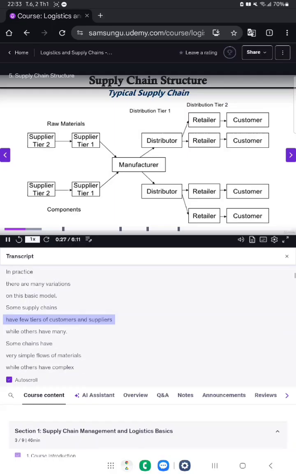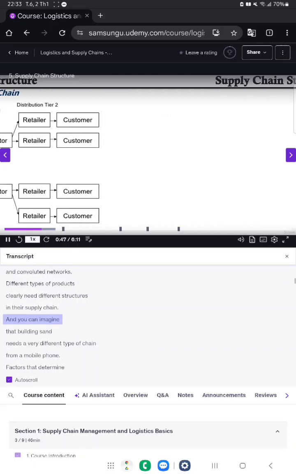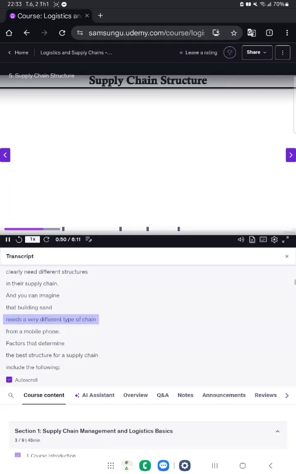Some supply chains have few tiers of customers and suppliers, while others have many. Some chains have very simple flows of materials, while others have complex and convoluted networks. Different types of products clearly need different structures in their supply chain, and you can imagine that building sand needs a very different type of chain from a mobile phone.